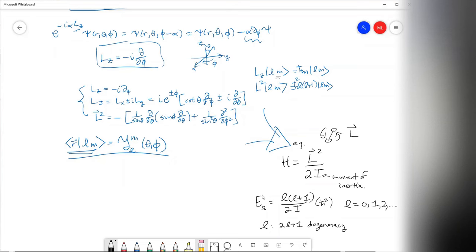There's 2L plus 1 M's for each L. So you immediately solve any kind of problem that involves rotation. You have any kind of Hamiltonian that's just the angular momentum squared, just the rotational kinetic energy, then you immediately know how to solve it from what we know about angular momentum.